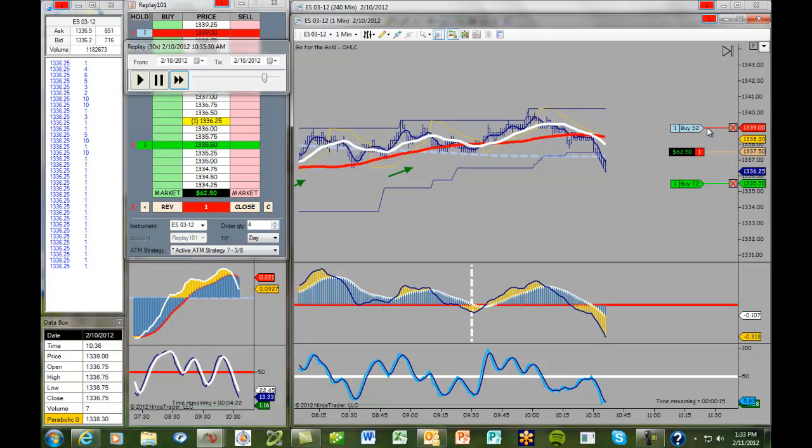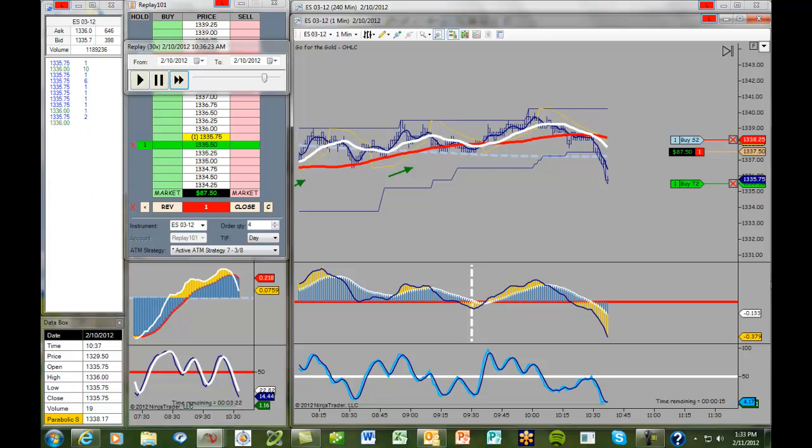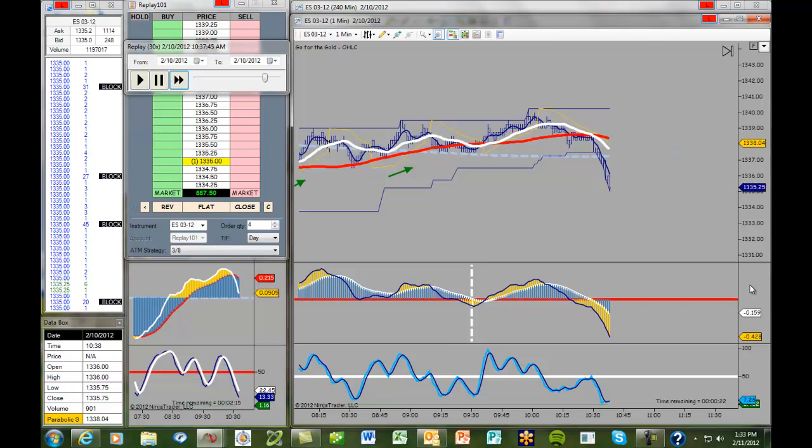Moved our stop, manually trail, hit the second target. Now we're up to 887.